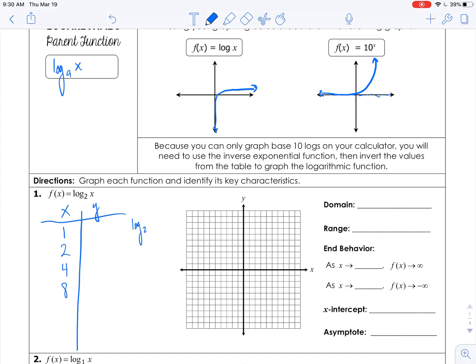So now we've got to think: log base 2 of 1 equals x, or 2 to what power gets me 1? Well, it's got to be 0. So 2 to the 0 power gets me 1.